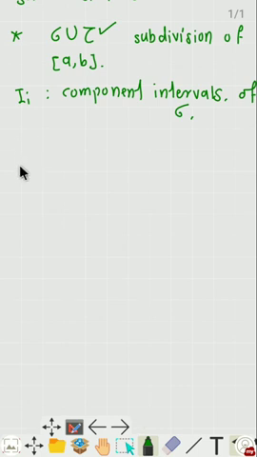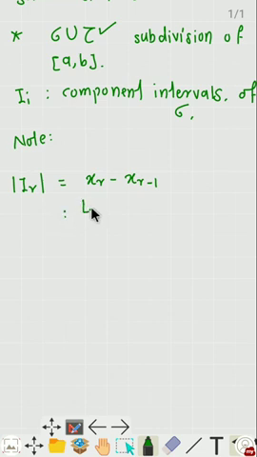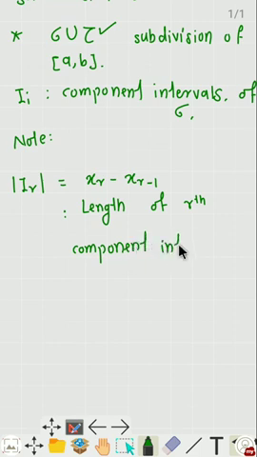Here we note that the modulus of Ir is nothing but xr minus xr minus 1, and it gives the length of the rth component interval Ir. That is very simple.